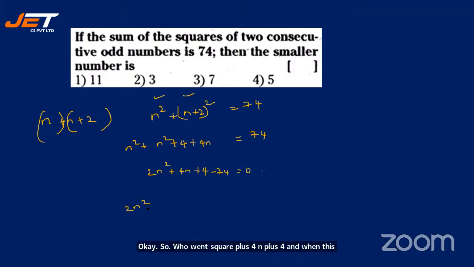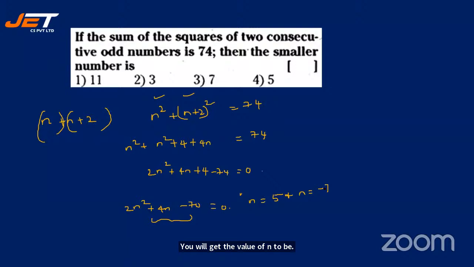So 2n squared plus 4n minus 70 is equal to 0. So you can reduce your equation by dividing by 2. All right. And finally, you will get the value of n to be 5 and n is minus 7.